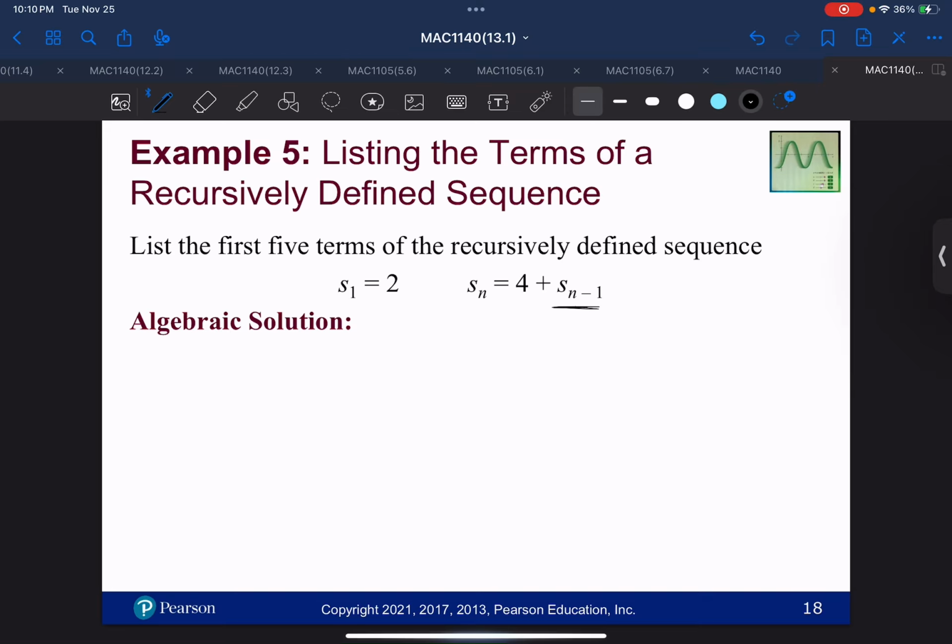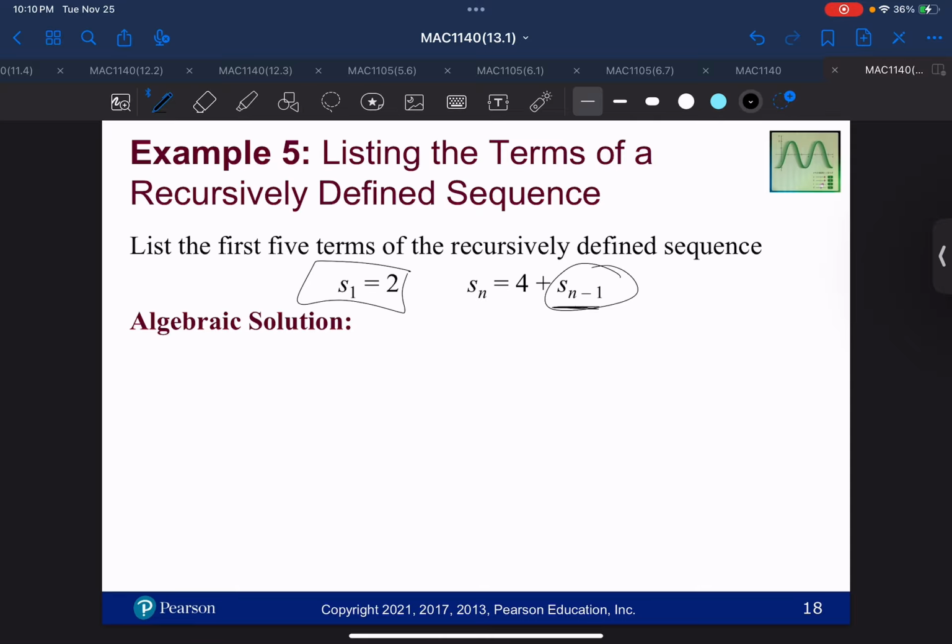And they tell us that the first term is equal to 2. Okay. So I'm always going to be trying to plug in this previous term, the one they gave me, the first term, in for this notation. So the n minus 1 term, which means that n there would have to be 2.